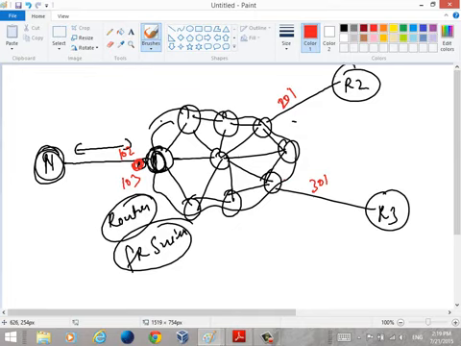And inverse ARP is only on in which case? When you are using which interface? Point to multipoint. R1 will send a signal to the frame relay switch: please tell me the DLCIs associated with my interface. Now the frame relay switch will tell him that your DLCIs are 102 and 103.